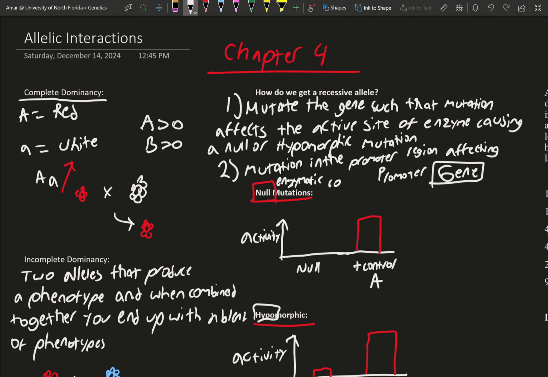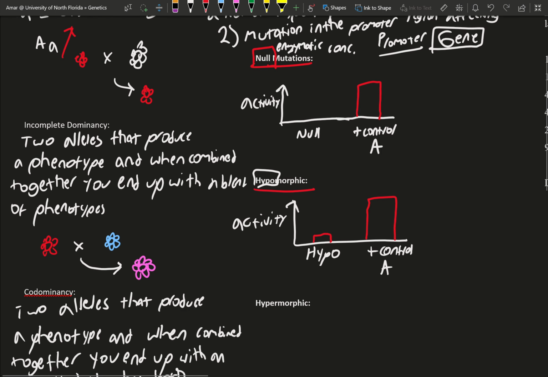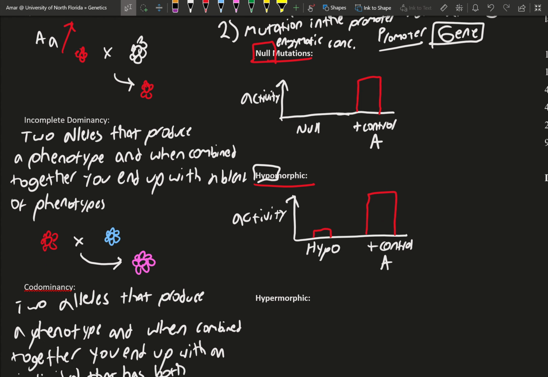For example, let's say you mutate the promoter of this gene to the point where you're not making any gene product at all, and that will contribute to you having a null or hypomorphic mutation. Hopefully that made sense. And then there are two more to take into account.